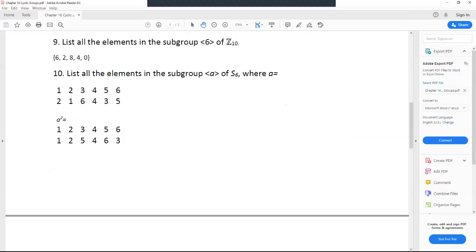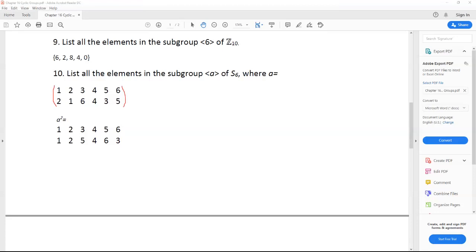Number 10, list all the elements in the subgroup generated by A of S sub 6, where A is equal to, let me add some notation here, A is going to equal this permutation, and we're looking for all of the elements in the subgroup generated by this permutation.